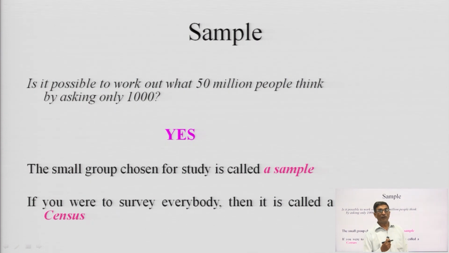The small group chosen for study is called a sample, and if you were to survey everybody, it is called a census, but generally it is not possible to observe everybody in a population. So, census is generally not possible in all conditions.